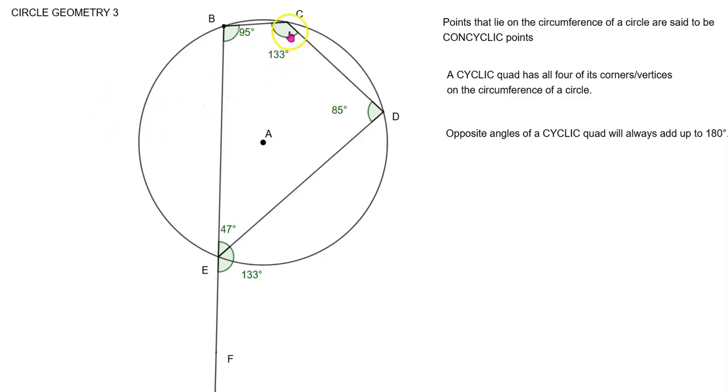Sorry, not going to add, they are the same. What am I saying? The exterior angle and the interior opposite angle are the same. And that is the final angle fact that you're going to need to know. The exterior angle of a cyclic quad is equal to the opposite interior angle, this angle over here.